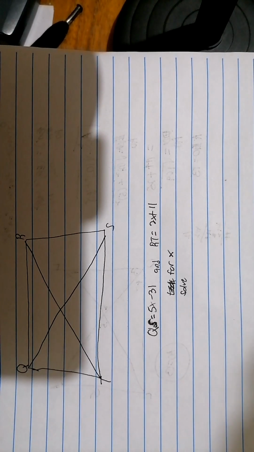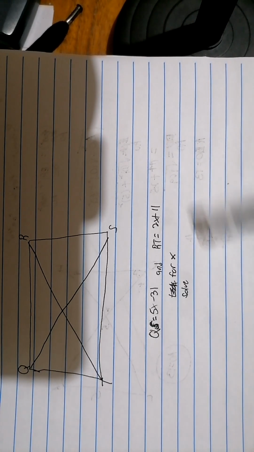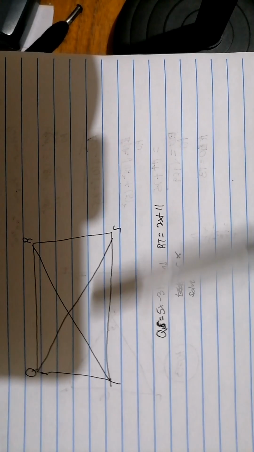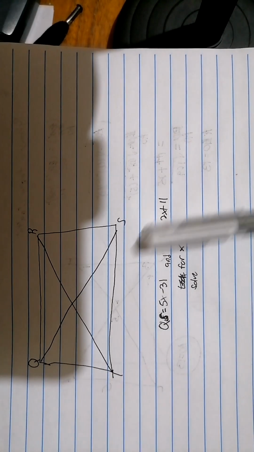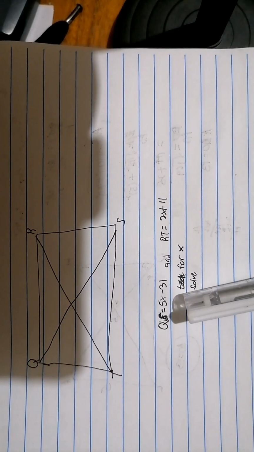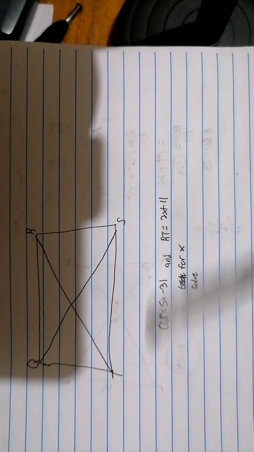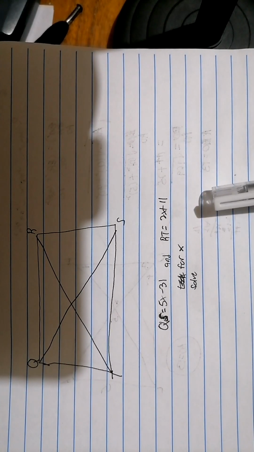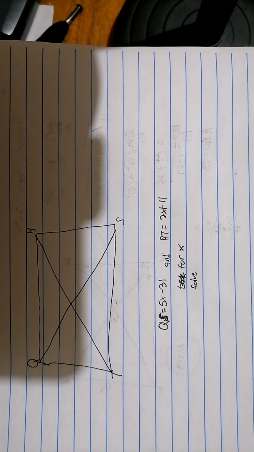So we have another example that includes algebraic equations, the ones that need to solve for x. So given rectangle QRST, if diagonal QS is equal to 5x minus 31 and RT is equal to 2x plus 11, solve for x.